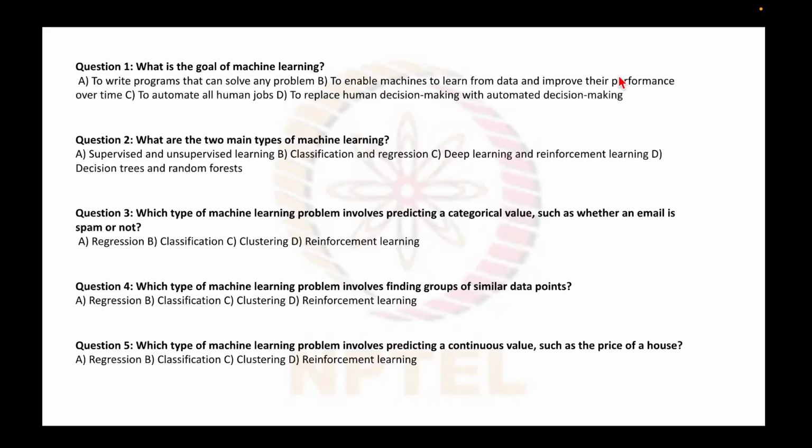So question one is, what is the goal of machine learning? Is it to write programs that can solve any problem, or to enable machines to learn from data and improve their performance over time, or to automate all human jobs, to replace human decision making with automated decision making?